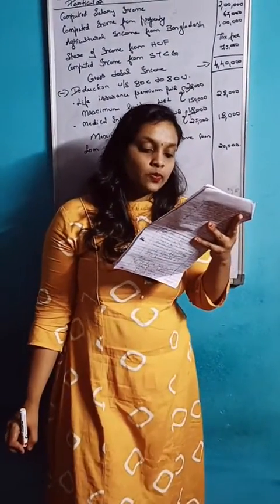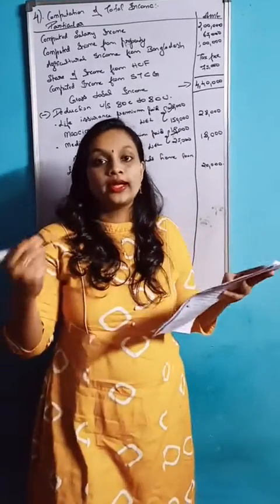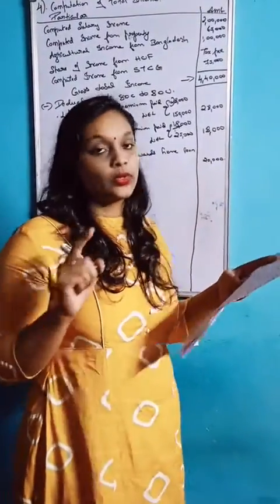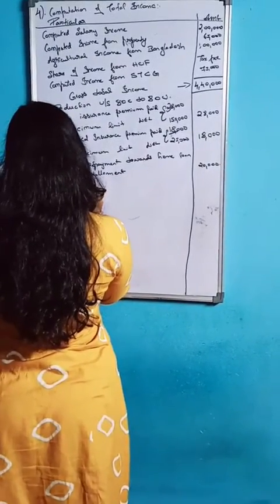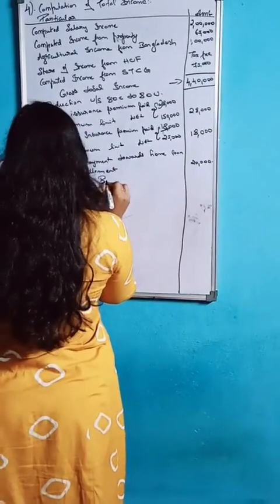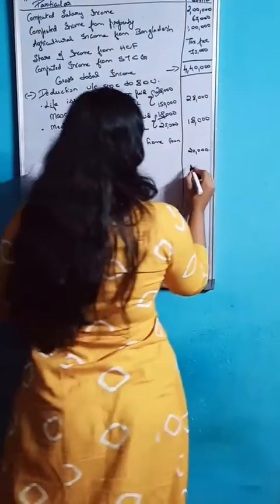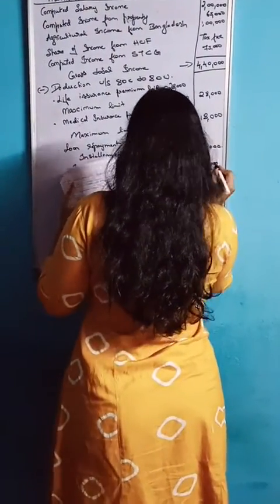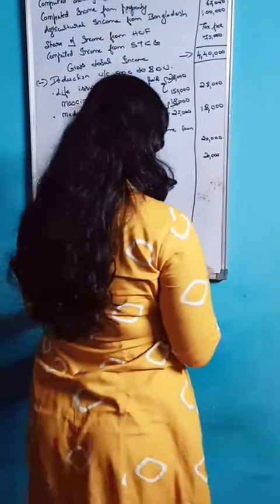Next one is contributions of rupees 20,000 to the Swachh Bharat fund set up by the central government. So you write Swachh Bharat is rupees 20,000.